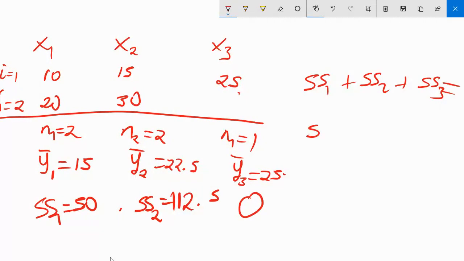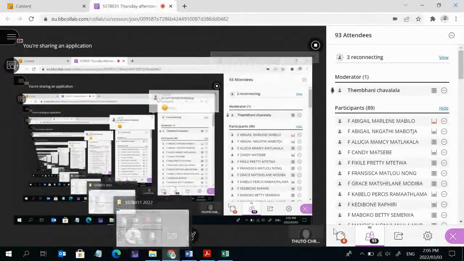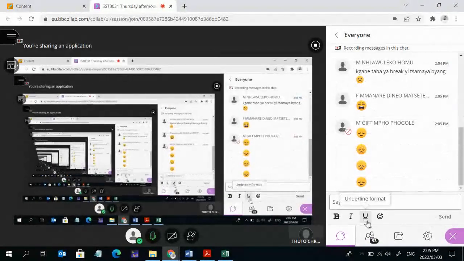This will give us SS error. Then what is our SS error? These values give us 162.5. Is it clear?